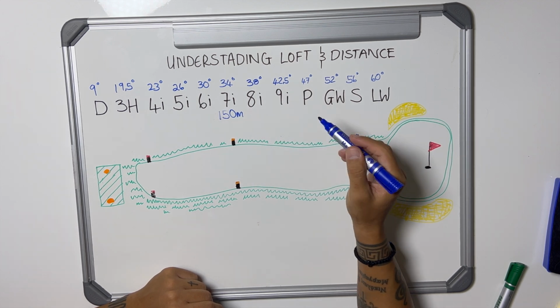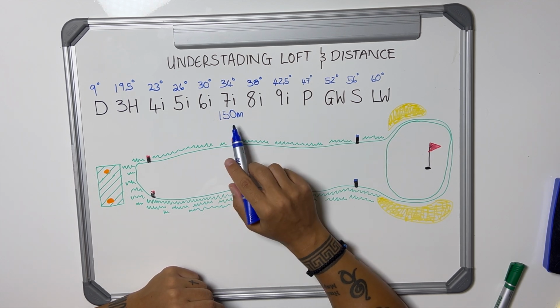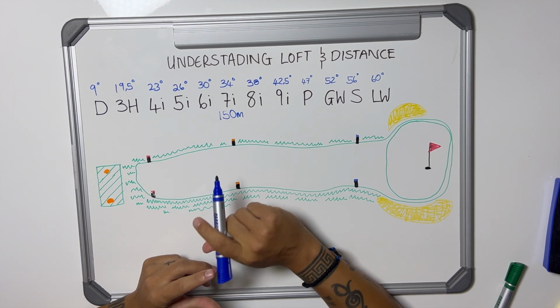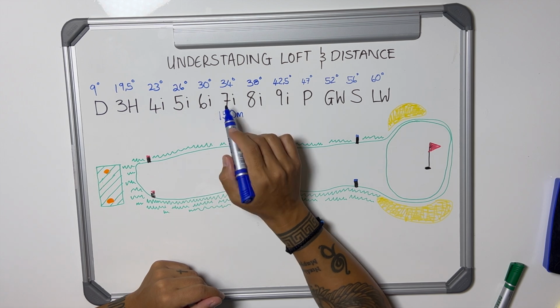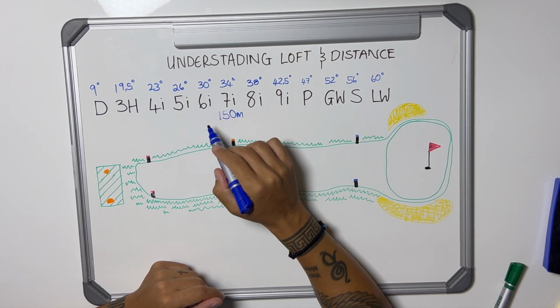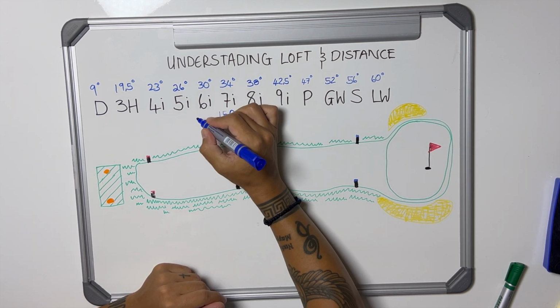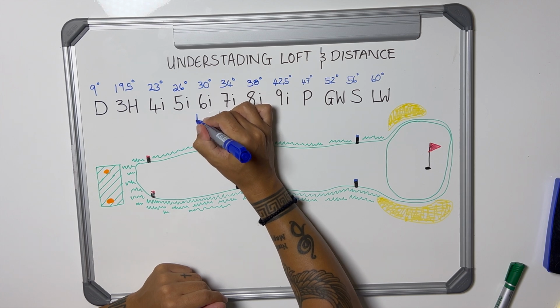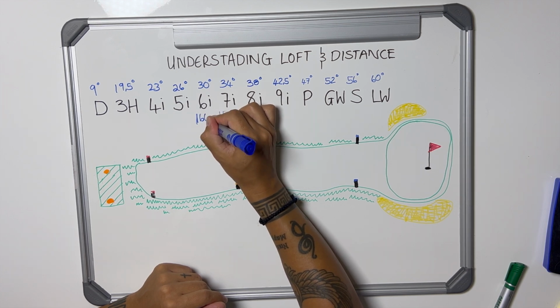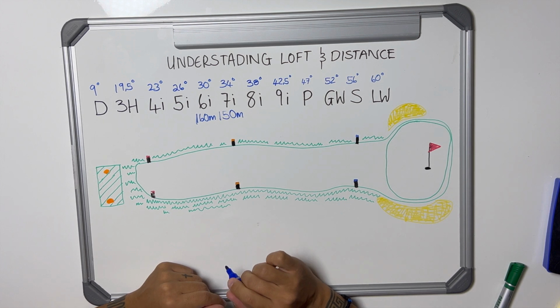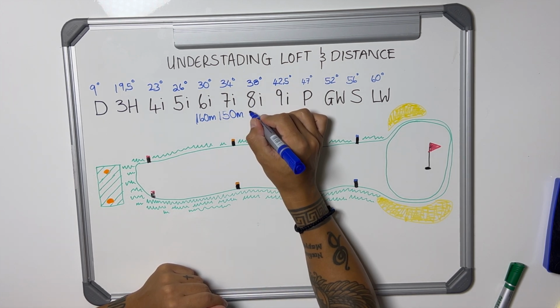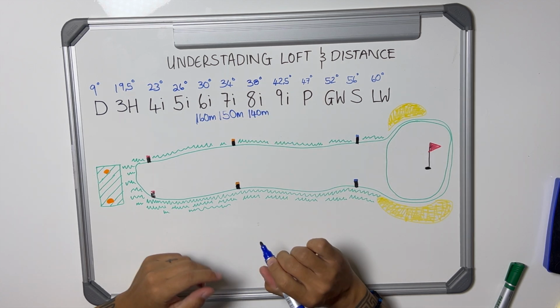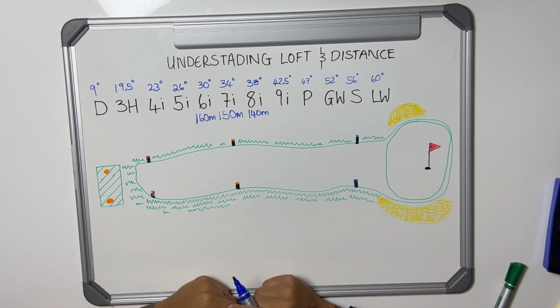So I know that I hit my 7-iron 150 meters. What do I hit my 6-iron? Between clubs there's a 10-meter difference, so I hit my 6-iron 160 meters. My 8-iron would be 140 meters.